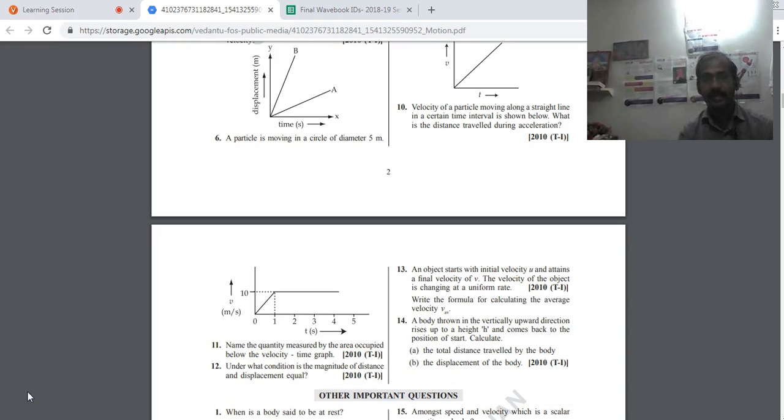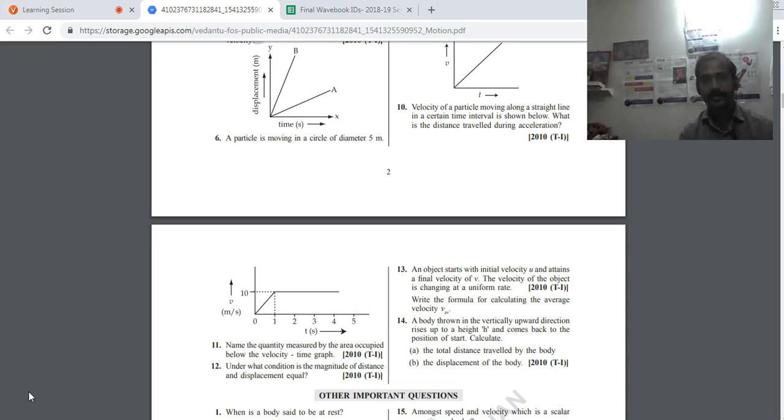What is the physical parameter? What does the velocity time graph indicate? Velocity time graph tells the acceleration. That's it. Answer itself, acceleration.